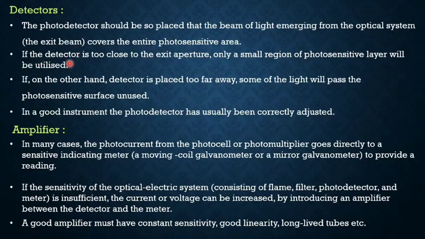If the detector is too close to the exit slit, only a small region of the photosensitive area will be utilized. Or if it is placed too far away from the slit, then some of the light will pass the photosensitive surface unused. So the position of the detector is very important in this method.